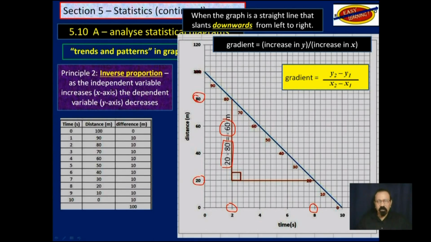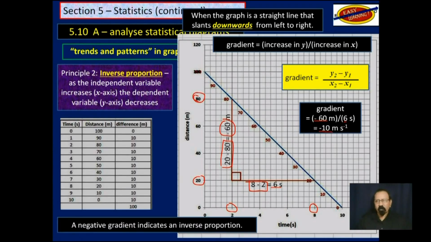That negative is important. The increase in x, on the other hand, is 8 minus 2, and you get 6 seconds. So if you find the gradient, you have to divide negative 60 by 6, and you get negative 10 meters per second. Now, anytime you get a negative gradient, it indicates an inverse proportion. That is to say, the graph slants downwards from left to right.